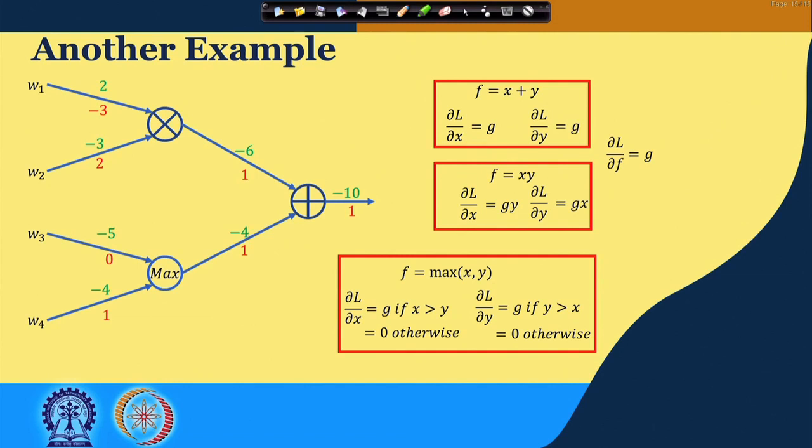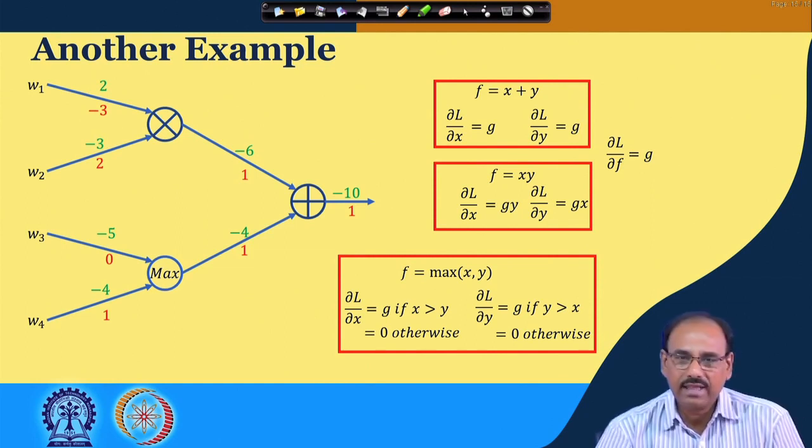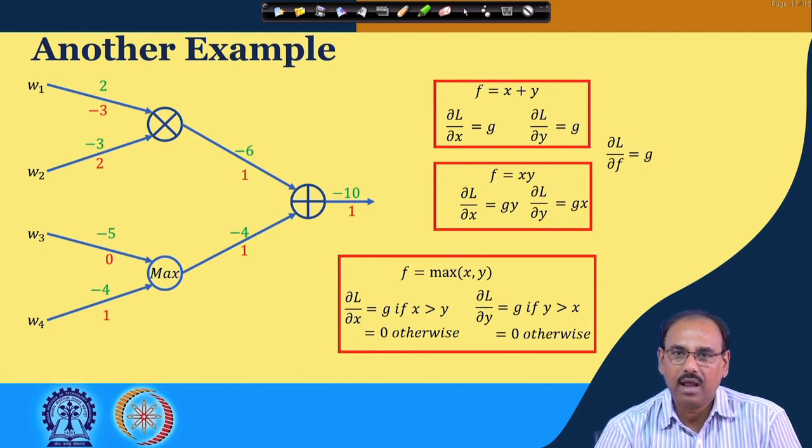And I want to emphasize one more point over here, that in every case the gradient computation at a node is highly local in nature. As long as the gradient till the previous layer is computed, and that is fed to the current layer, in the current layer you can make use of the gradient which has been propagated to it, and all the computations in the current layer are highly parallel in nature.